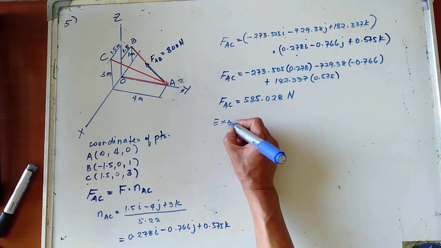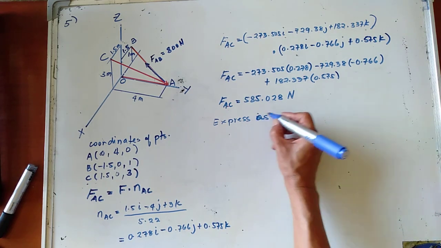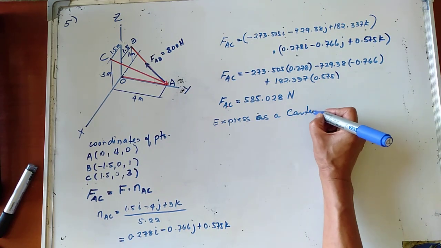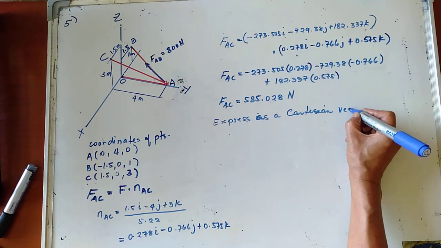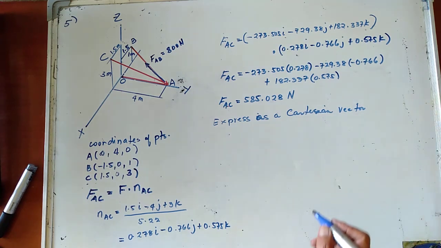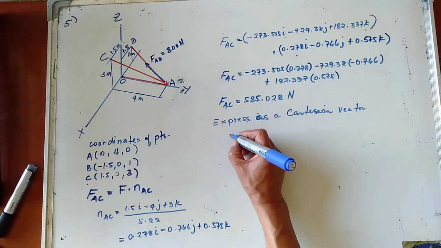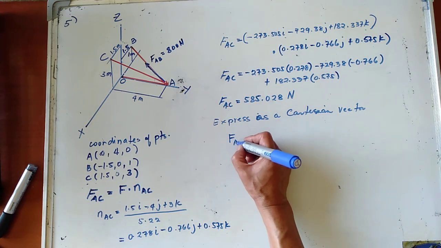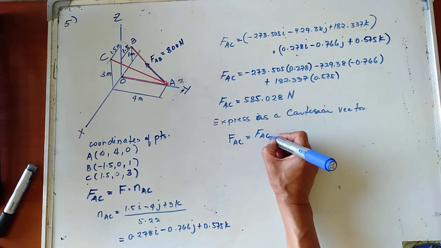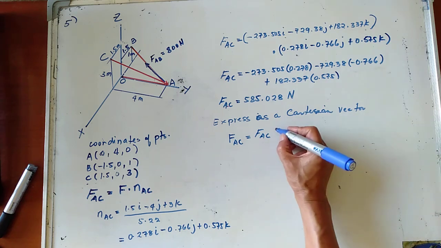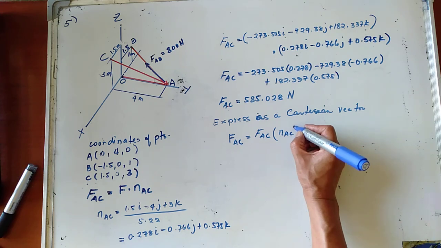If we express this component as a Cartesian vector, then F_AC is equal to the magnitude F_AC multiplied by the unit vector AC.